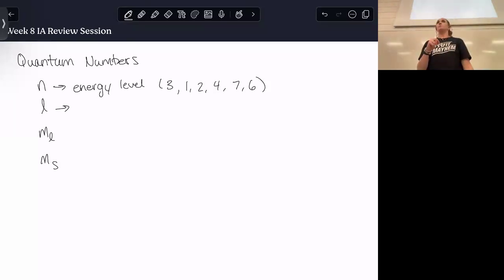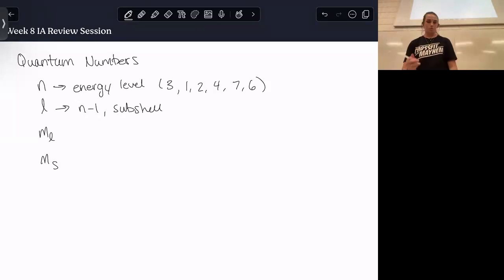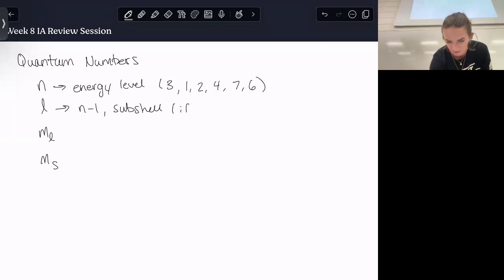If we have l, what is the rule for l? n-1. Good. So this is n-1, and what does this tell us? This is our subshell. Good. So if we have n equal to 1, what can l be equal to? l is only equal to 0.